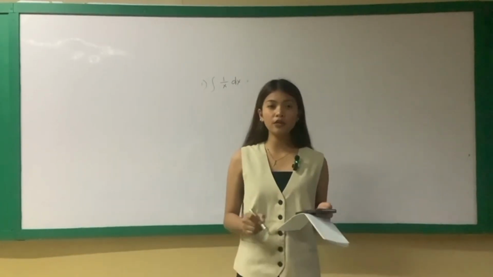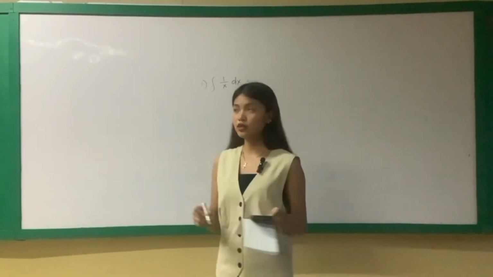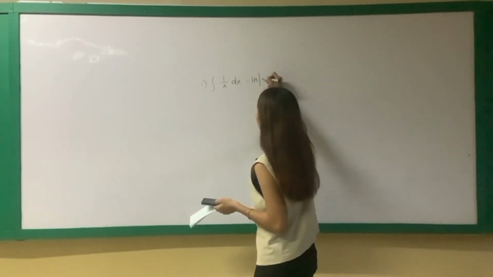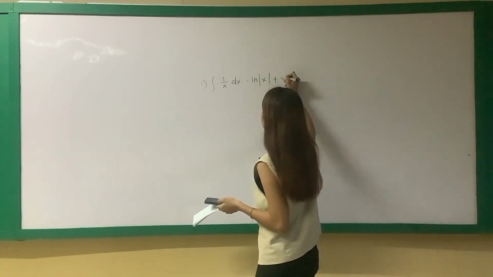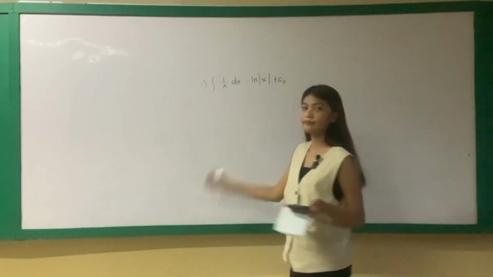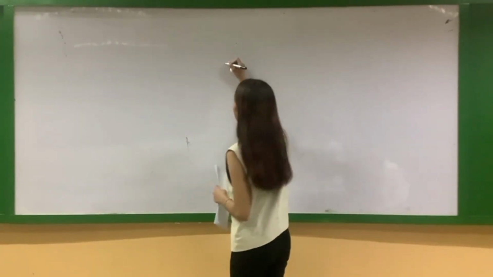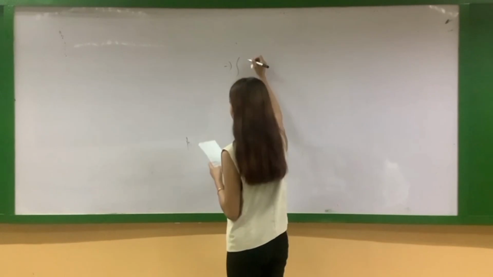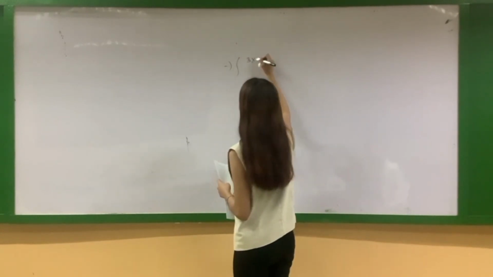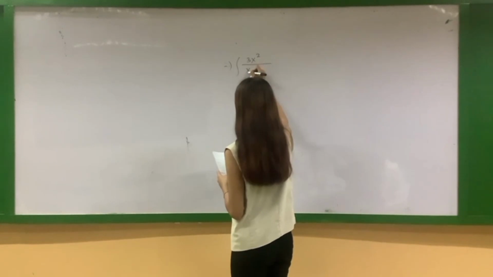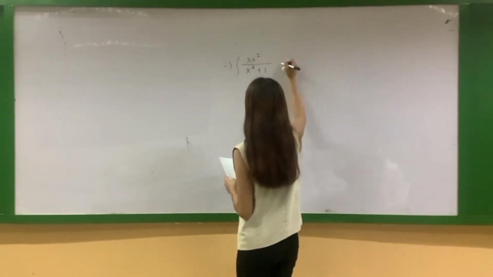So now we can use the natural log function, which is ln the absolute value of x plus c, and that's the answer. Let's now proceed to our next problem, which is the integral of 3x squared over x cubed plus 1 dx.